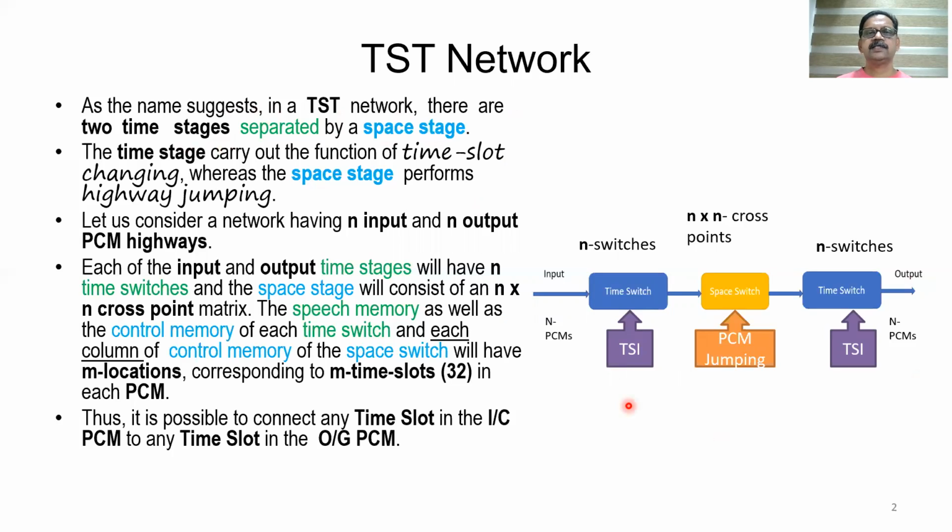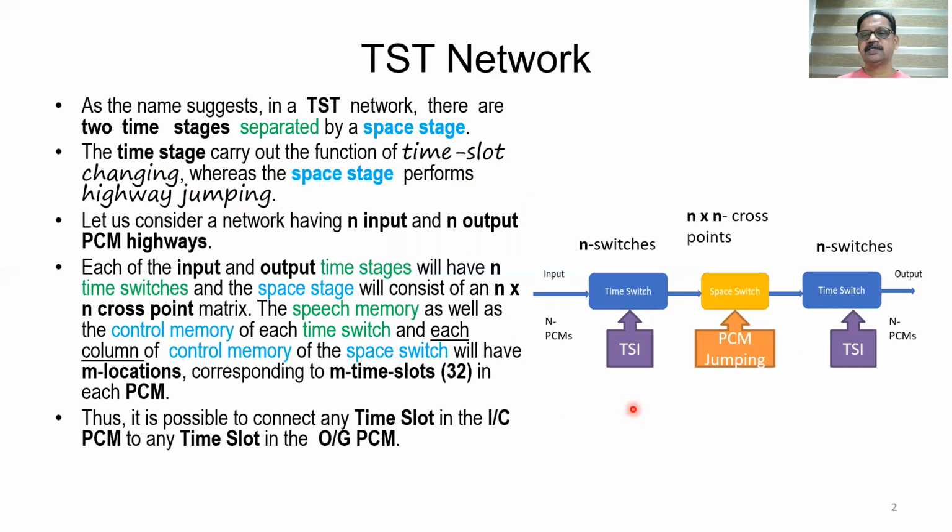So, in this TST network, in the input you have a time switch or time stage, and in the output also you have a time switch. In between is the space switch. That's why it is known as a TST network. The time stage carries out the function of time slot changing, whereas the space stage performs highway jumping.